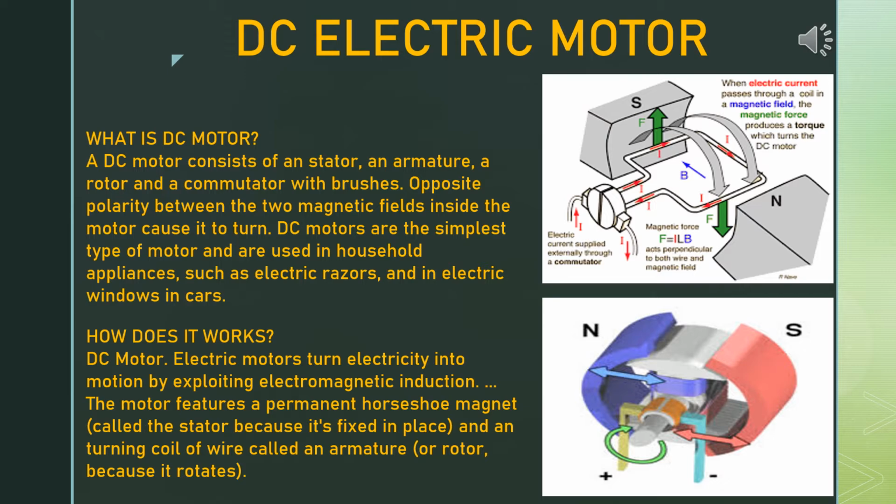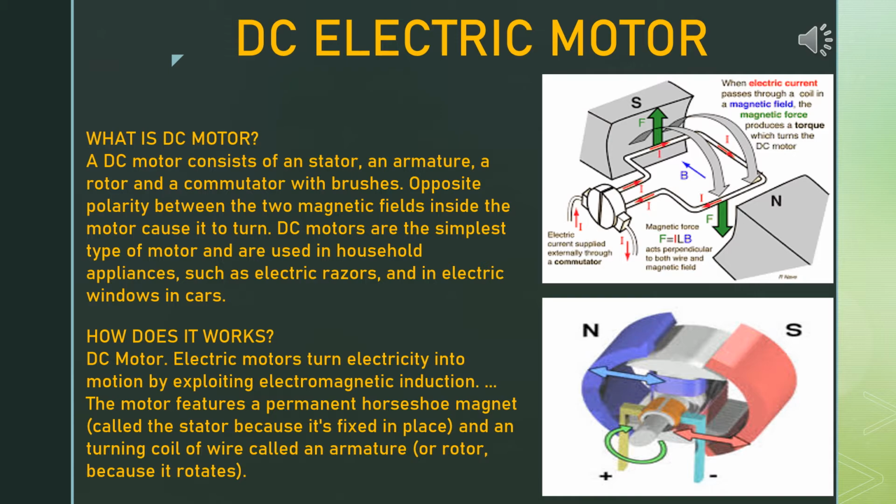Now I am explaining what an electric motor actually is. The principle of an electric motor is similar to that of Barlow's wheel. Hope you have remembered the Barlow's wheel mechanism. The working of a direct current electric motor is shown in the figure.